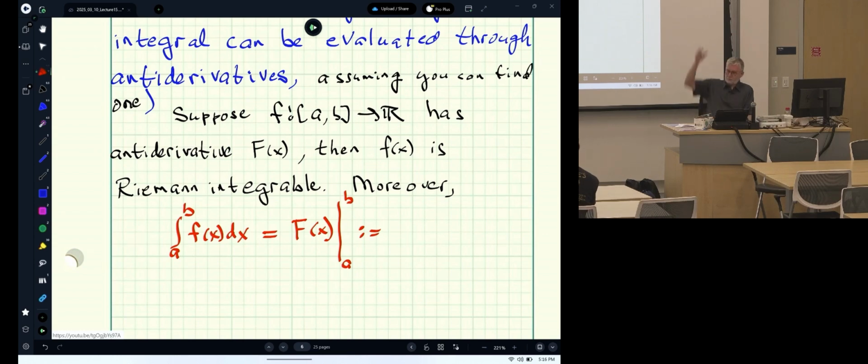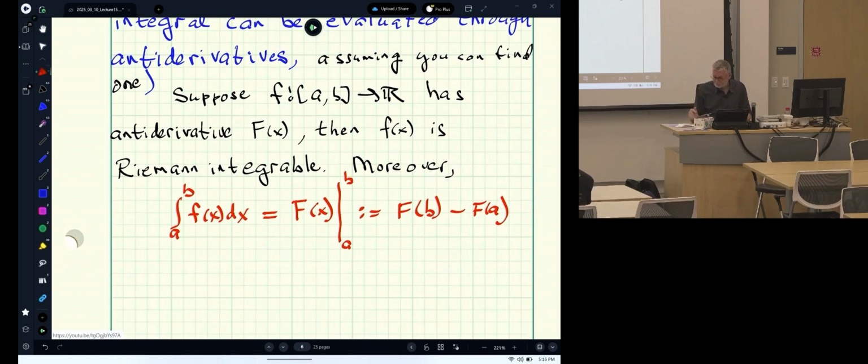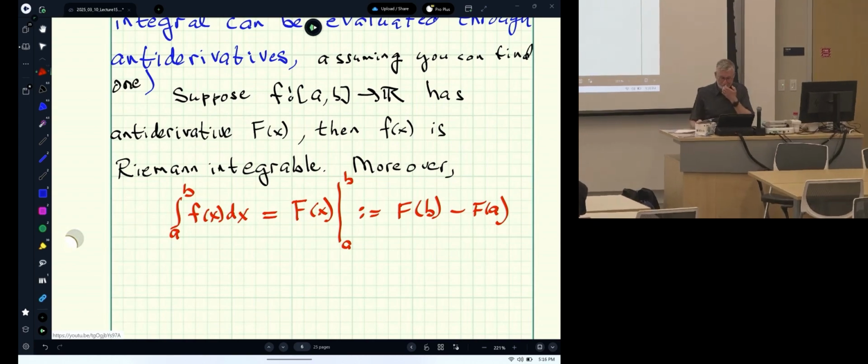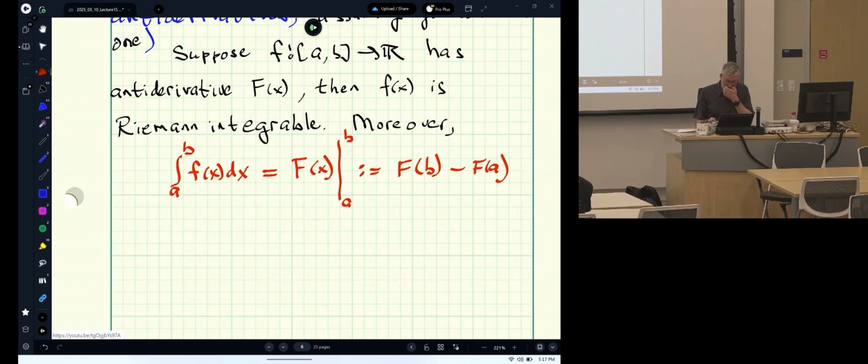And that symbol, the big slash from a to b, is by definition equal to the function evaluated at the top limit minus the function evaluated at the lower limit. Okay, so that's the second fundamental theorem of calculus.